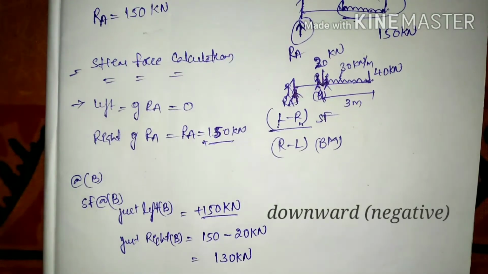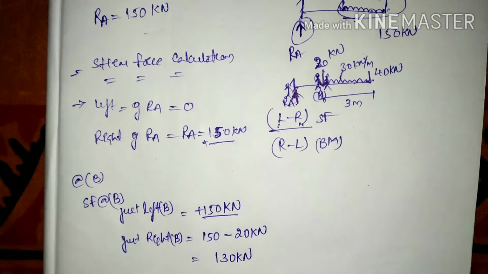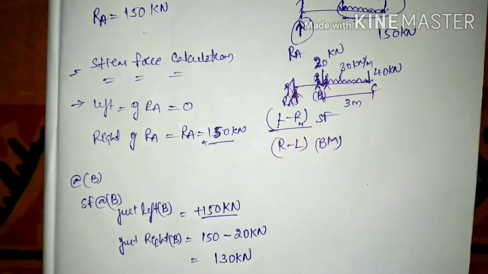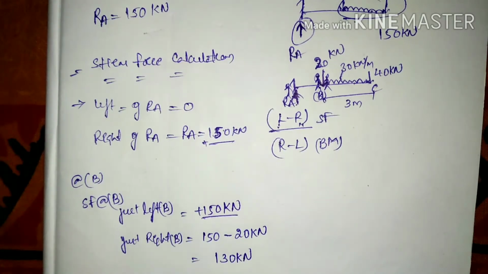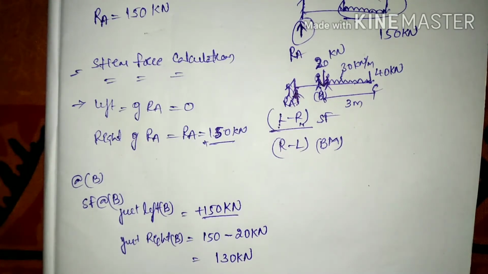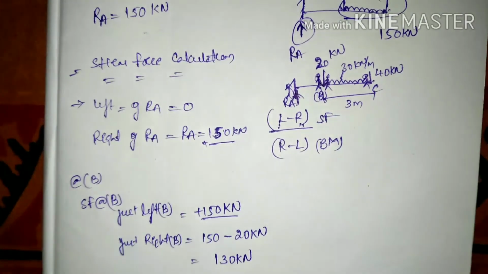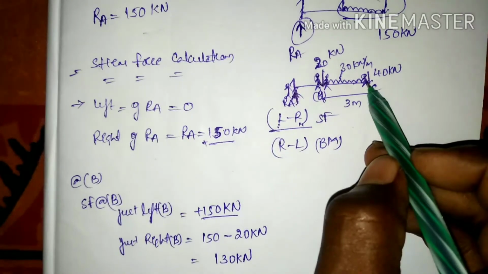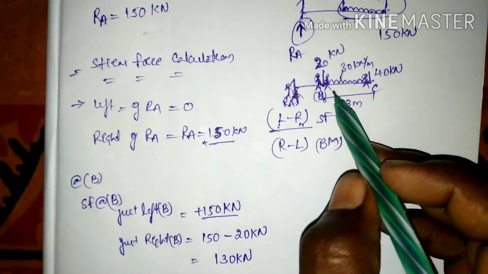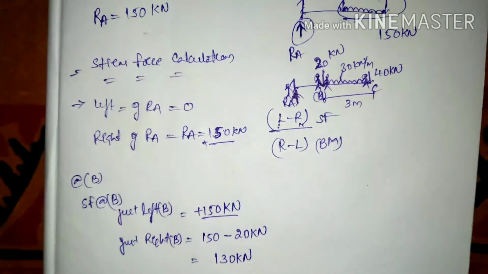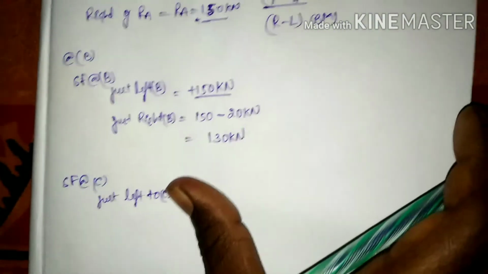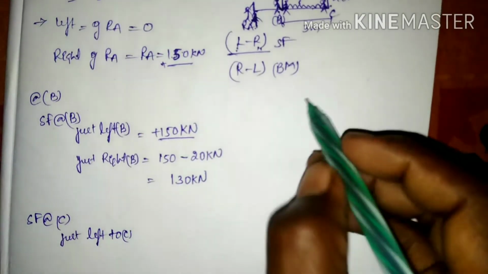And next, shear force at C, just left to the C. For the left of C, the shear force is going to decrease from B to C in an inclined manner.